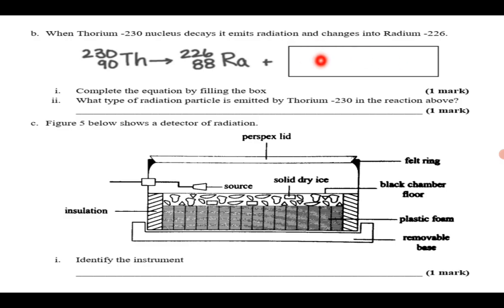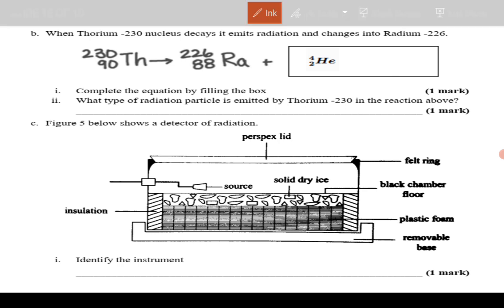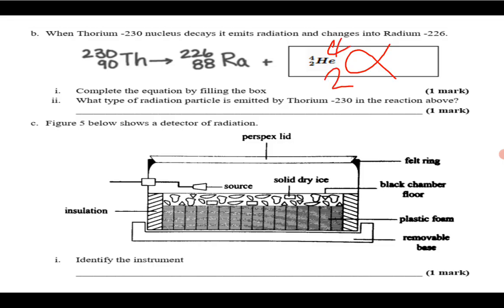Alright, so over here, we need an alpha particle. Of course, you can also present it in the form of a helium nucleus, with a mass of 4 and charge of 2. So either this or that.